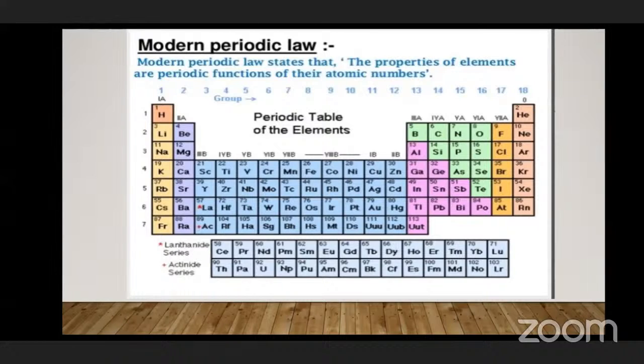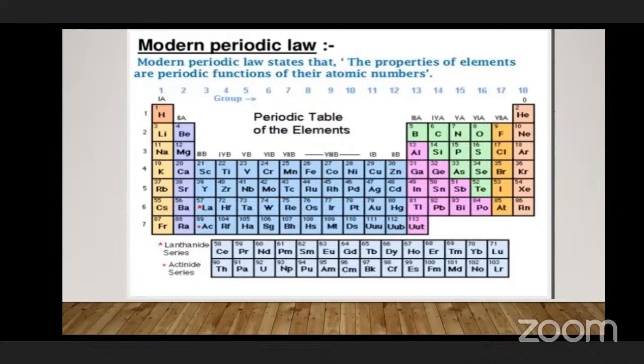Because of that reason, for every element from the boron family to the noble gases, the valency electrons are filled into the p subshell. That is why the groups from third A to zero group are considered p block elements. S and p blocks, up to the seventh A group only, are generally called representative elements.